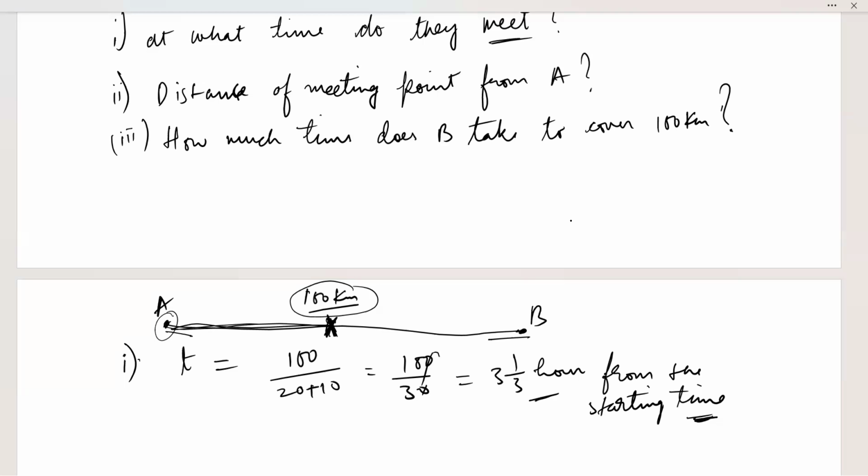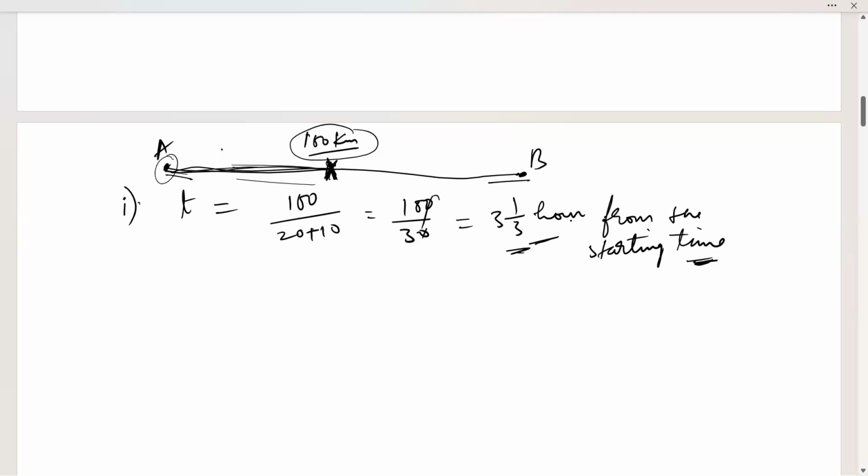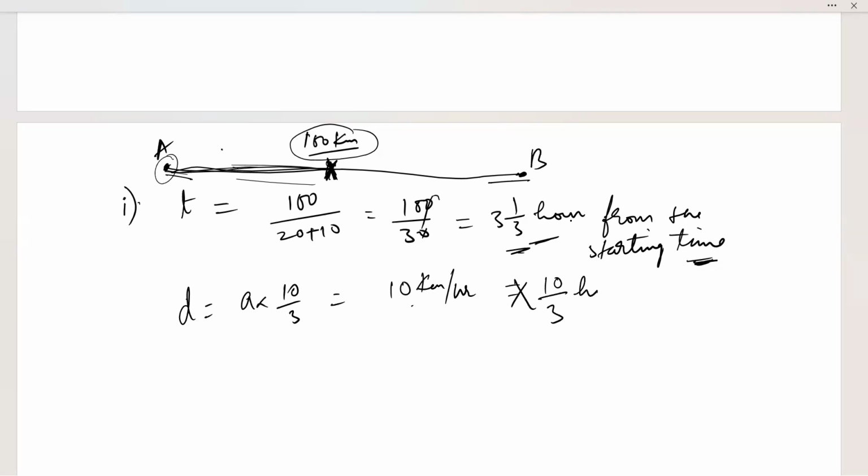This distance was covered by A in 10 by 3 hour. We know the speed of A and we know the time taken. The speed of A is 10 kilometer per hour, and the time is 10 by 3 hour.